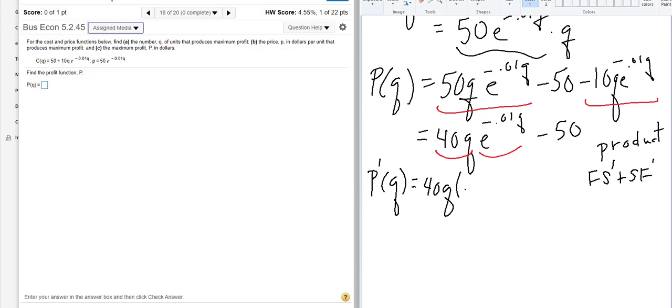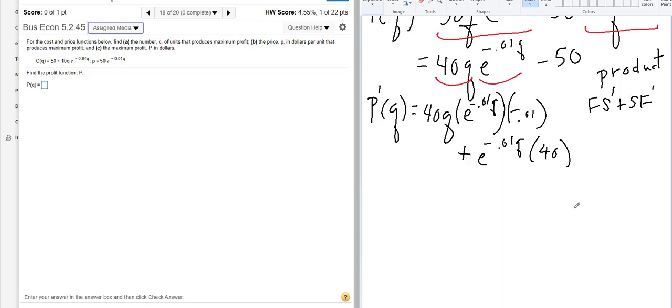Derivative of e to the u is e to the u. So it's the original e function, and then the derivative of that would be negative 0.01. So that's going to be times negative 0.01. So that's the first function times the derivative of the second, plus the second, e to the negative 0.01Q, times the derivative of the first, which is 40. All right, I'm going to clean this up a little bit.